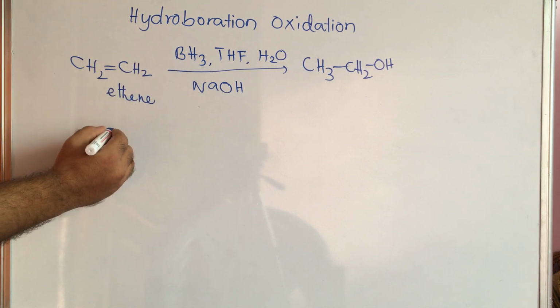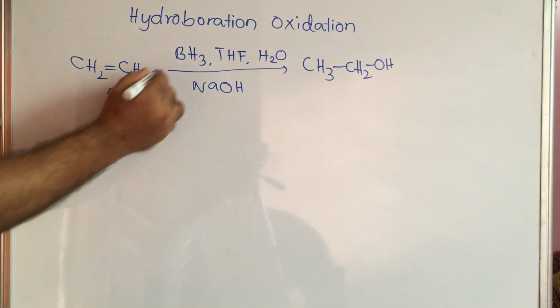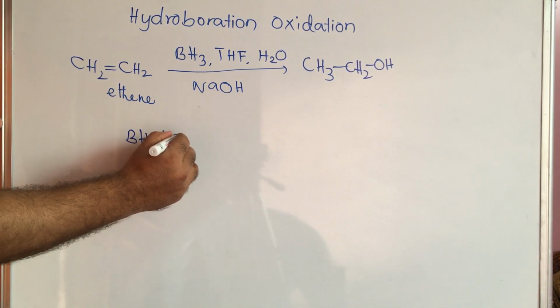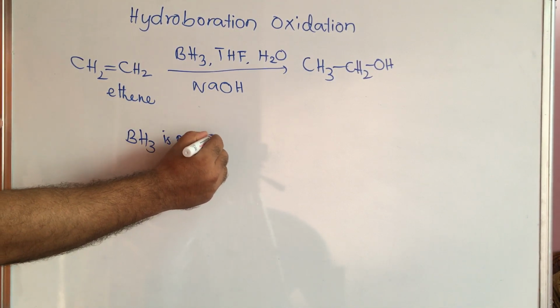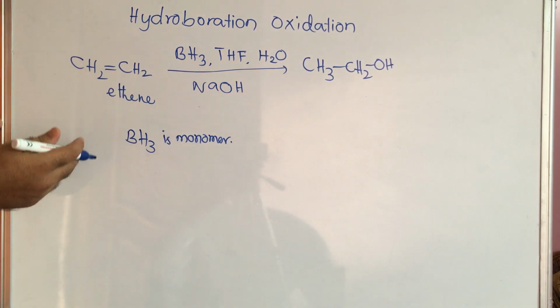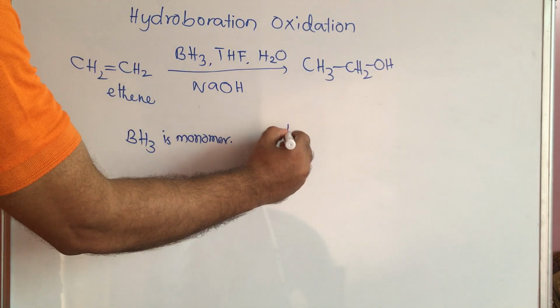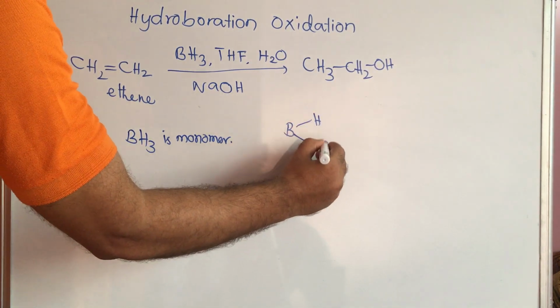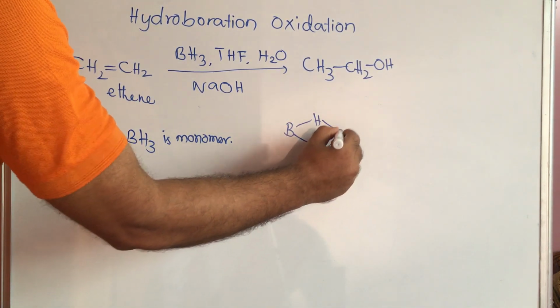Actually BH3 exists in dimer form. This is the monomer, BH3. It will actually exist in dimer form, that is B2H6, diborane.